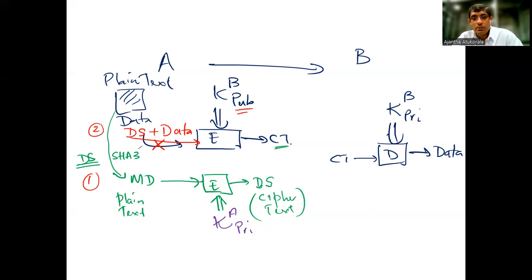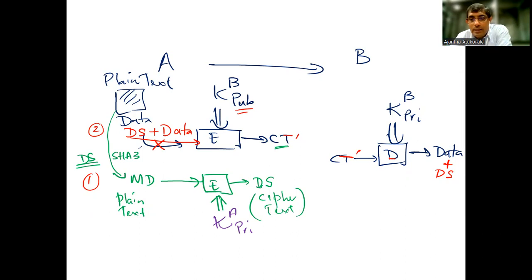Now you get a new ciphertext, I put here ciphertext dash. Then the receiver side will be getting ciphertext dash, and then you decrypt with the private key. But what you should get is not only data, but data plus the digital signature.